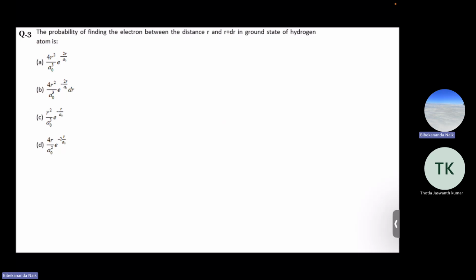So these are the 4 options, and we need to find out what will be the probability of finding the electron between the distance r and r plus dr. I'll give you a few minutes and then we will calculate.